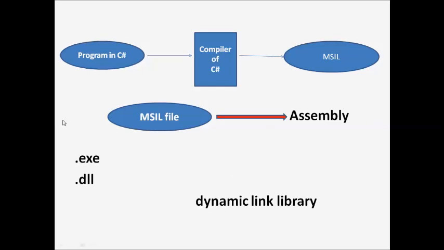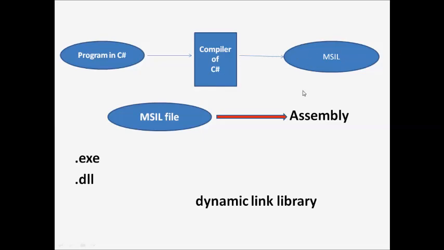Now suppose there is some code, and in this code there is no main method, right? This code is translated by the compiler of the programming language in which the code is written into MSIL code, right?